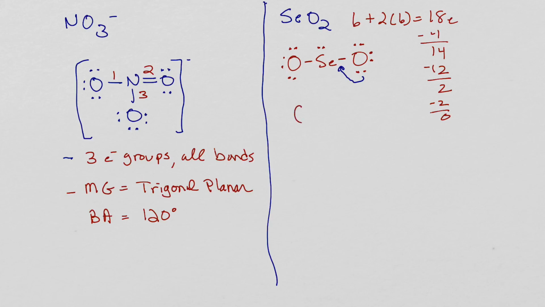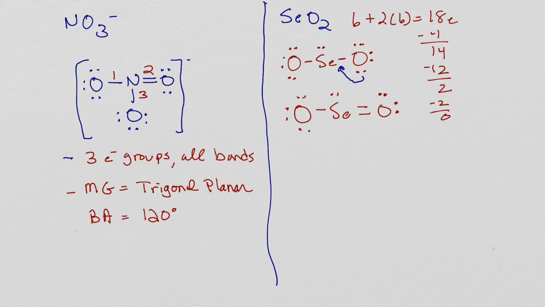So our actual structure comes out looking something like that. So now we have our structure, 18 electrons. We have our Lewis structure.